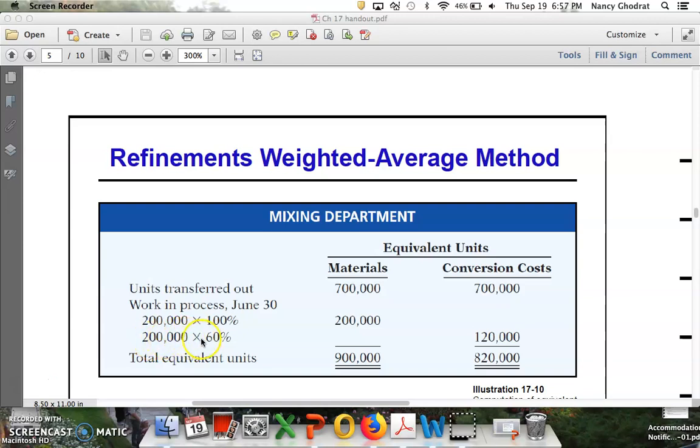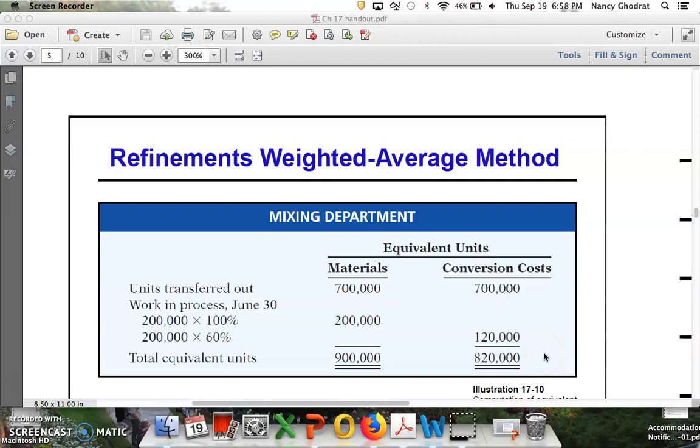So the 200,000 actual waffle units are equivalent to 120,000 complete waffle batter units. So in this case, we're going to have two different equivalent units. One for material, which is 900,000, one for conversion cost, which is 820,000.